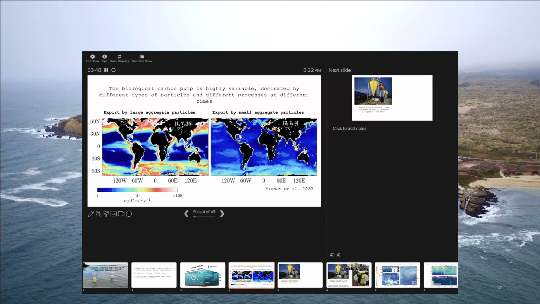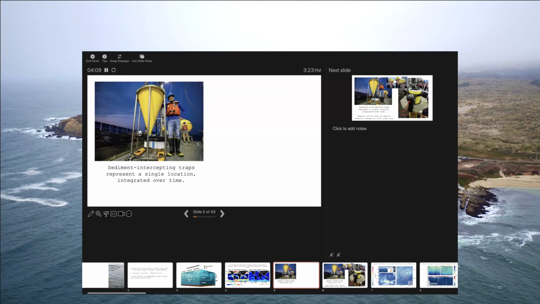Just to highlight some of the spatial variability, this is based on some remote sensing and modeling work by Kelsey Bisson that looked at even just the partitioning into large and small aggregate particles, which can be hugely variable in space and also in time.